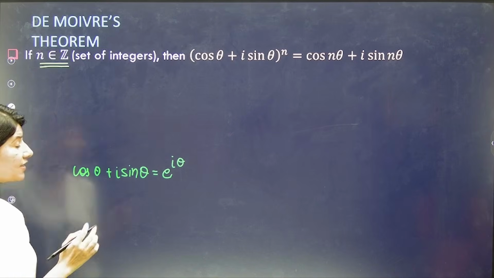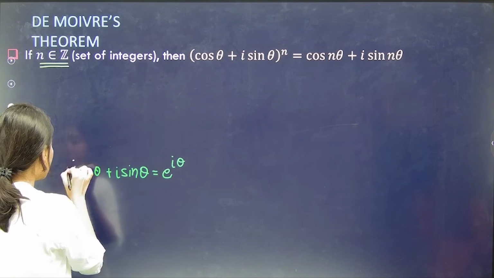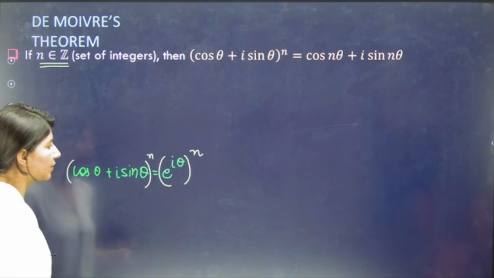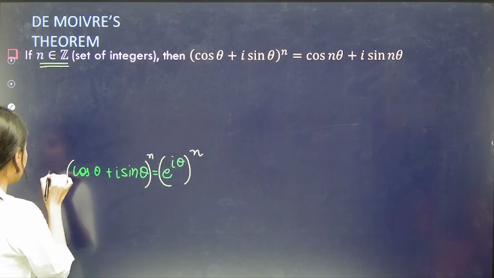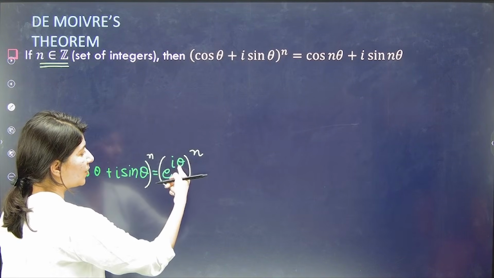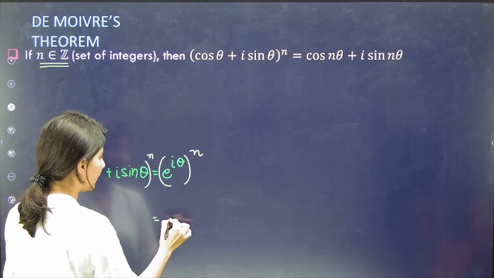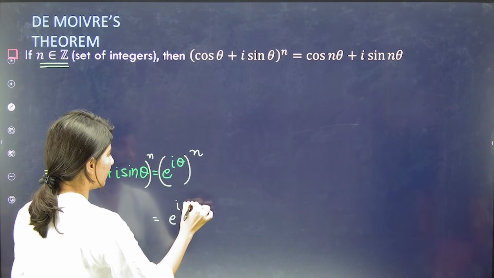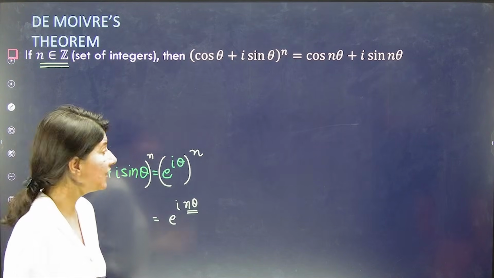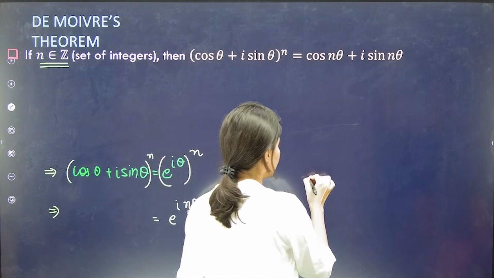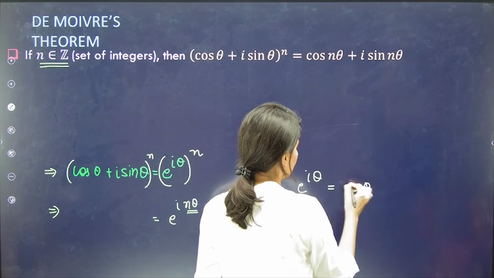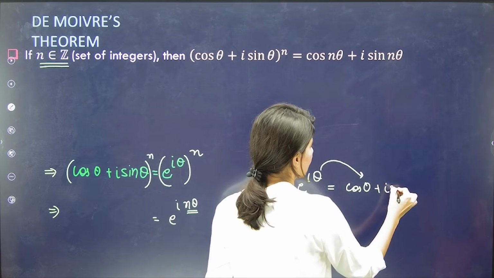Any issues in this? Now what I'm going to do is take power n on both the sides, where n is an integer. Perfect. Now these two, iota theta and n, will get multiplied, so e raised to power iota n theta. Right? Now e raised to power iota theta, you know the formula, right? It is cos theta plus iota sin theta.